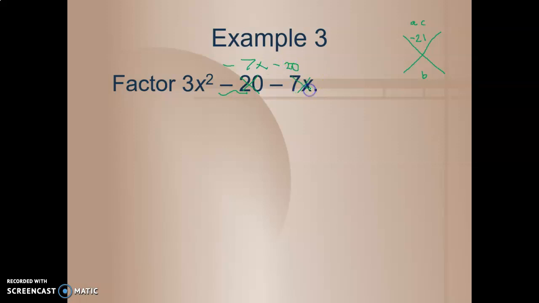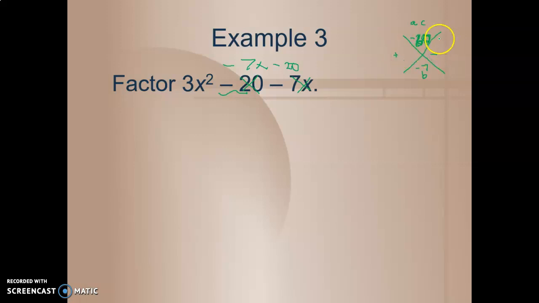And now that I have that rewritten, now I can take my a times c. 3 times negative 20 is actually negative 60. So let's write that here. And our b term is negative 7. So let's think of the factors here. Because we do have a negative 60, we know that one of our numbers will be positive and the other one will be negative.